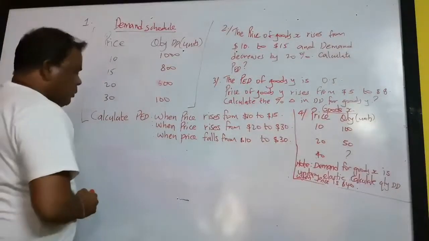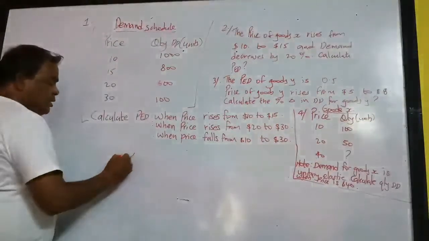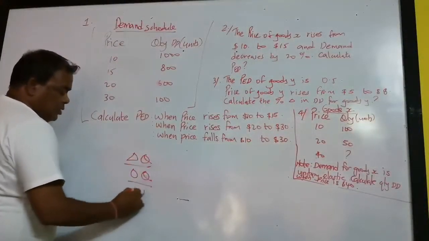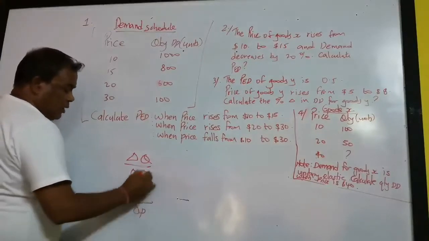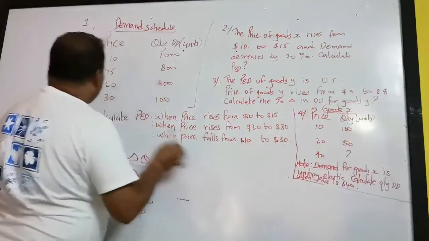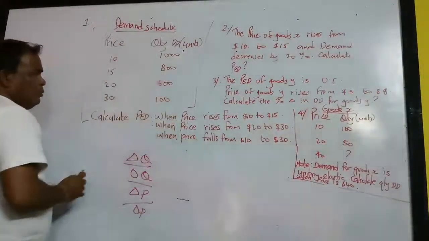Now, when price rises from 10 to 30, we apply the same formula, change in quantity over original quantity, change in price over original price. Change in quantity, when price goes from 10 to 30, what is the change in quantity? 1000, now 100.